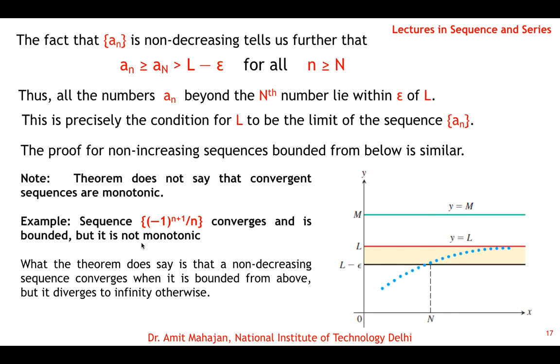What this theorem does say is that if you have a non-decreasing sequence, it converges whenever it is bounded from above, otherwise it diverges to infinity. If it is not bounded from above it will continue and go to plus infinity.